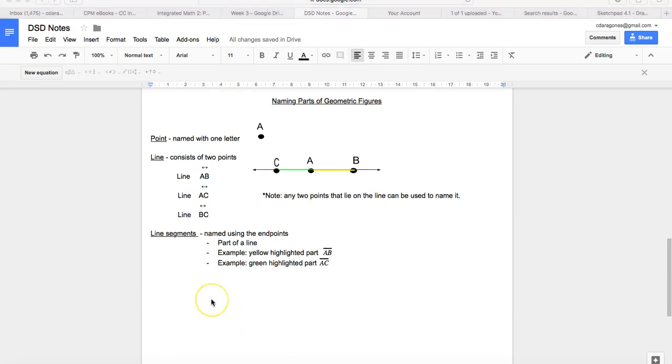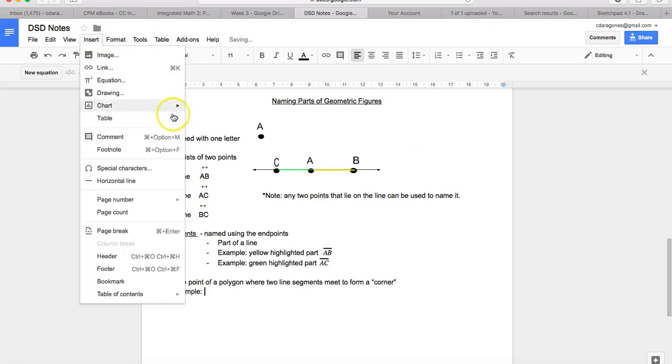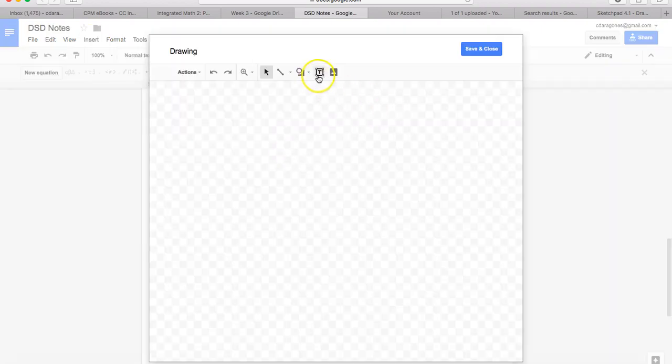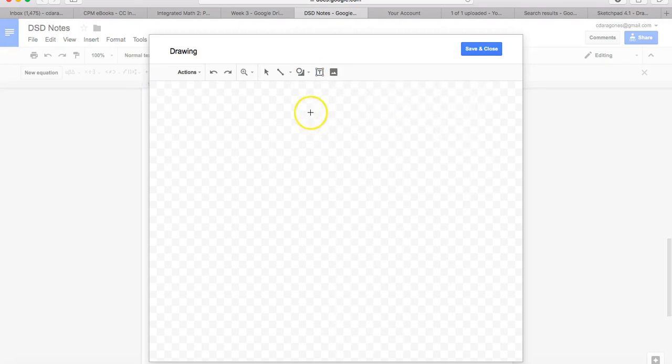Okay, the next part of a geometric figure you need to know is your vertex. So a vertex is the point of a polygon where 2 line segments meet to form a corner, okay? So for example, let's just do a picture of a polygon. Let's say I do the shape of a rhombus right here.